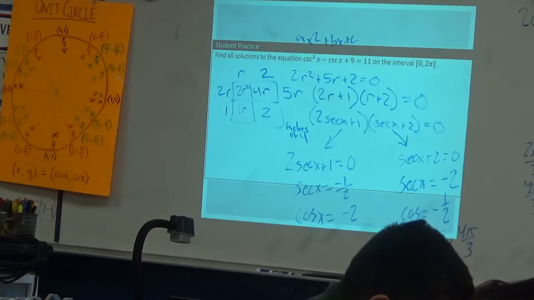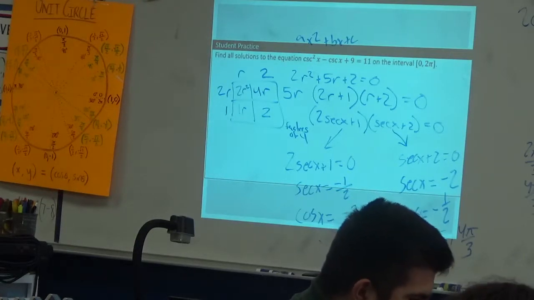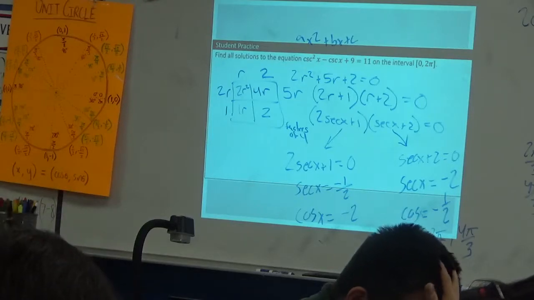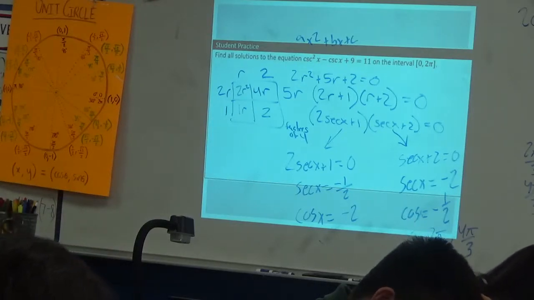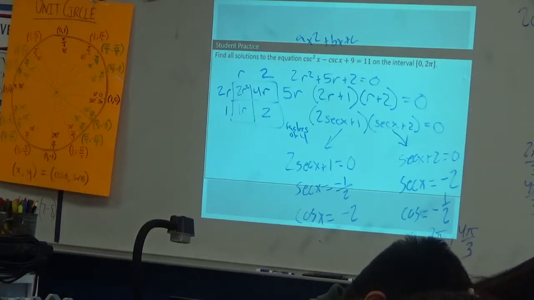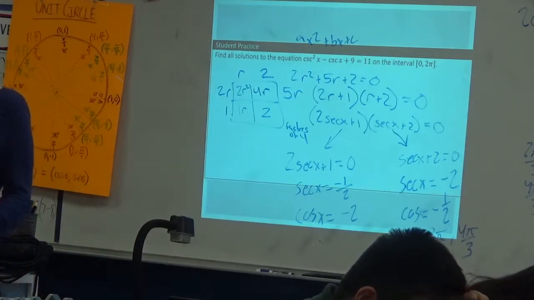You can't add those together because that's like 2x squared plus x. You're going to have to factor it, or do the quadratic formula. So if again you want to call cosine r and say 2r squared plus r minus 1, that can help you to do your box.